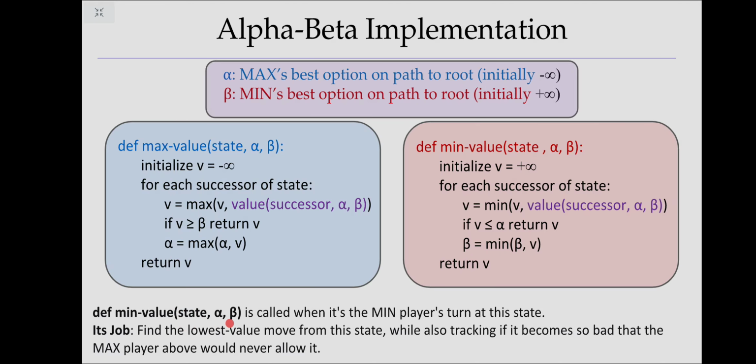The main job of this node is to get the lowest value and select an action with respect to the lowest value, and in this process it tries to decrease the utility of the max player.